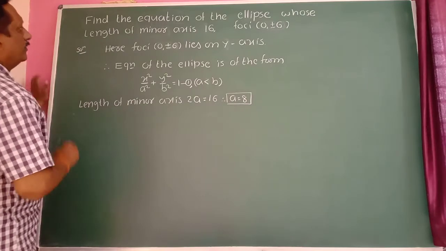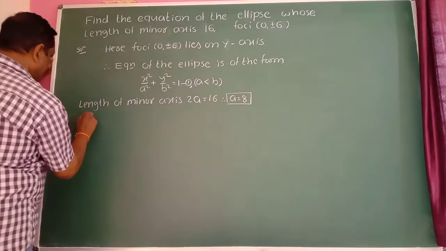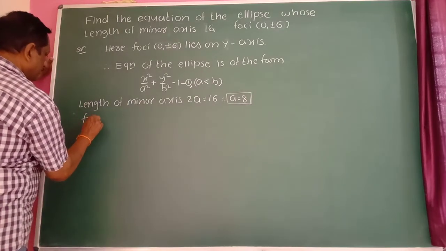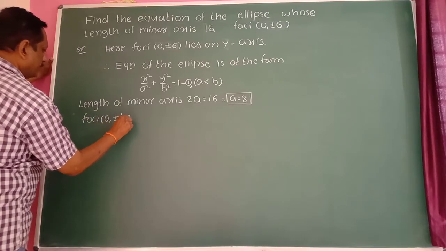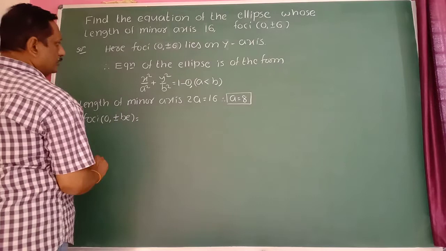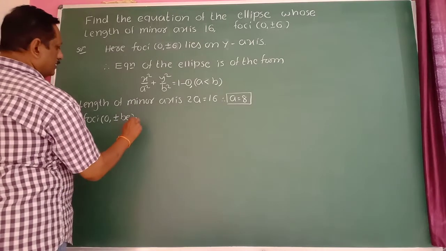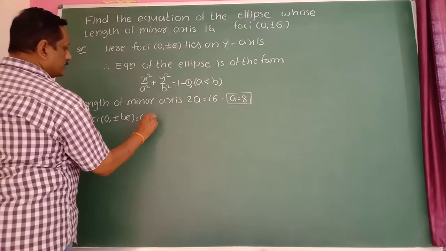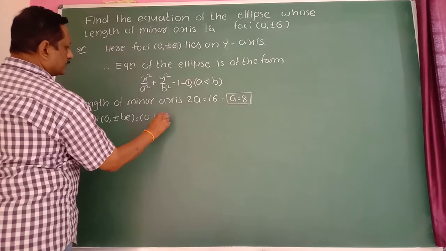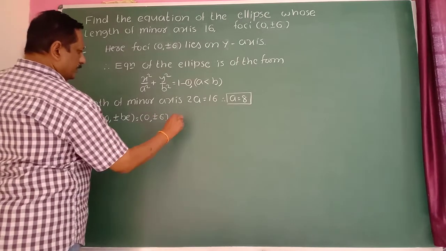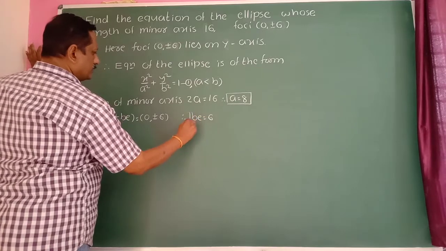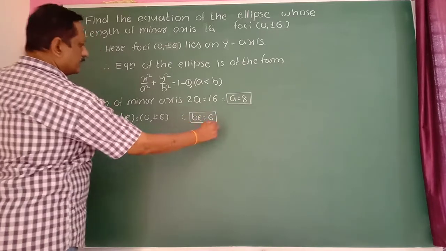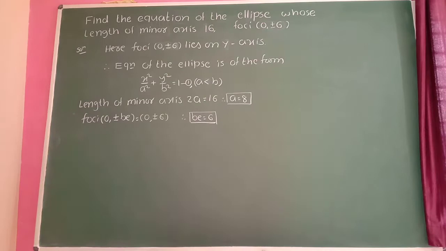Next, foci 0 plus or minus b into e is equal to 0 plus or minus 6 here. Therefore, b into e is equal to 6 here.